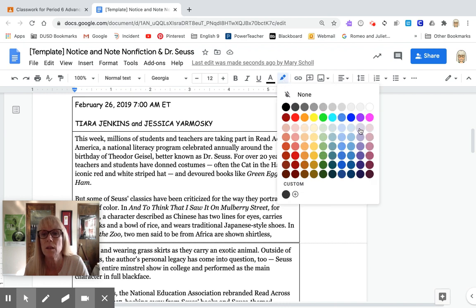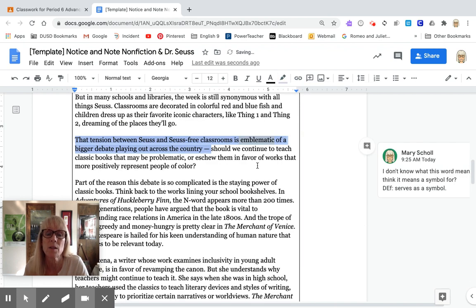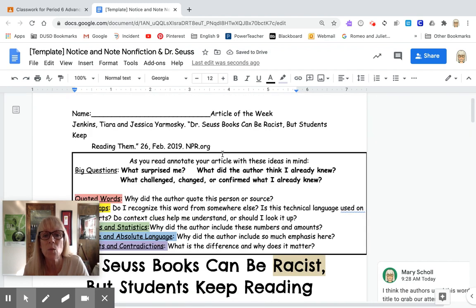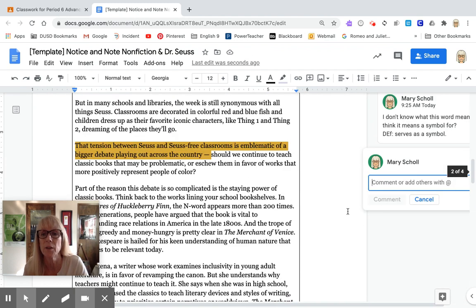And you'll notice there's also some overlap, right? Because we have that word there that we didn't know. But we're going to make another box. And the question with that is, what is the difference and why does it matter?